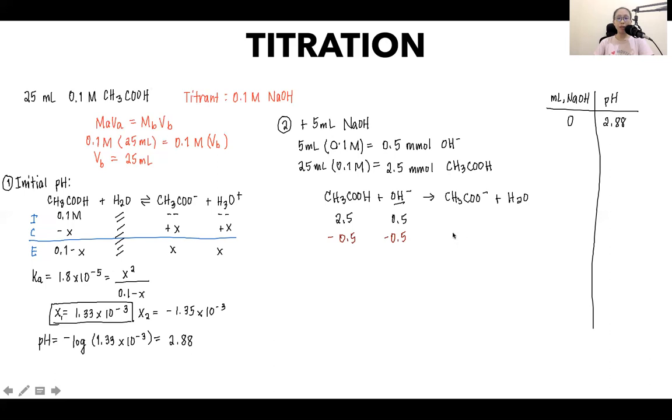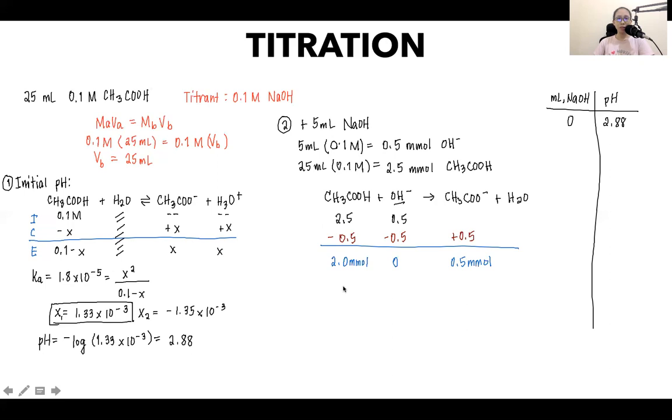In the process, we create 0.5 millimoles of acetate. We are not concerned with water because this will just be part of the solvent. So after the neutralization reaction takes place, we are left with 2 millimoles of acetic acid, 0 for the hydroxide ions, and now we have 0.5 millimole of acetate.